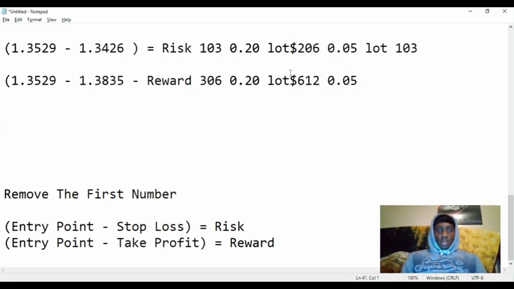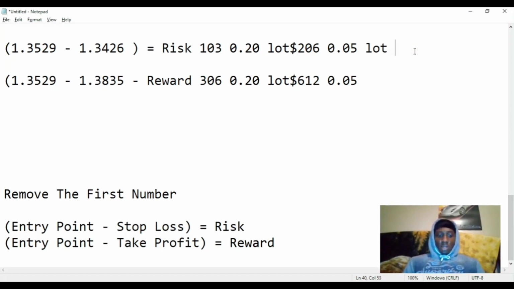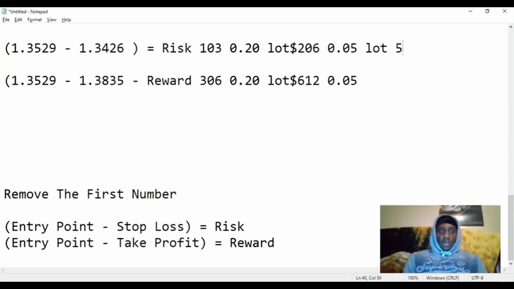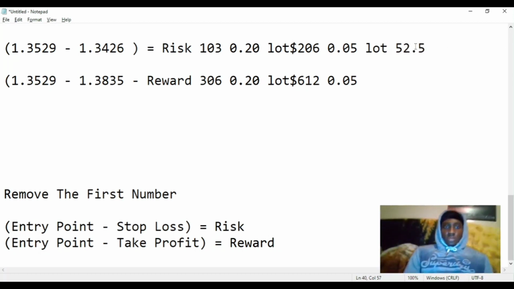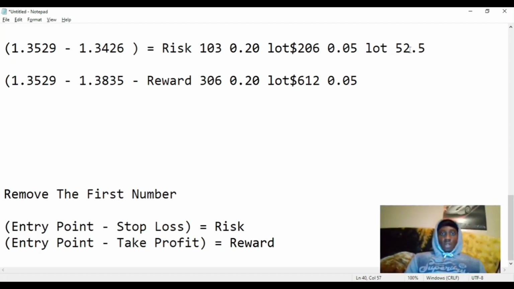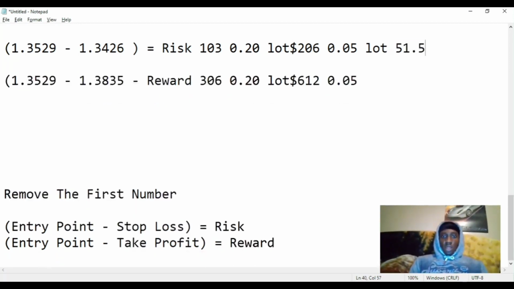For this one, oh, I just realized I multiplied it by the wrong number. I lied. It wouldn't be this. It would be 52. Excuse me, 50. Now let's do the second one correct.